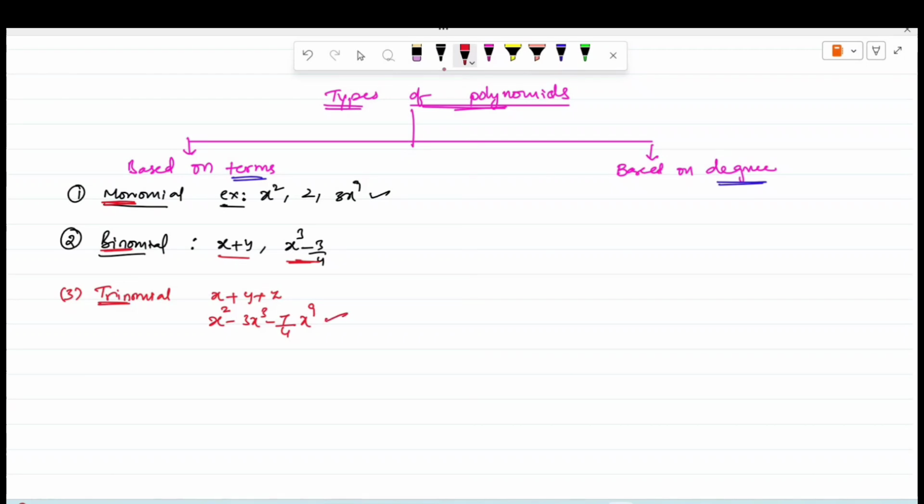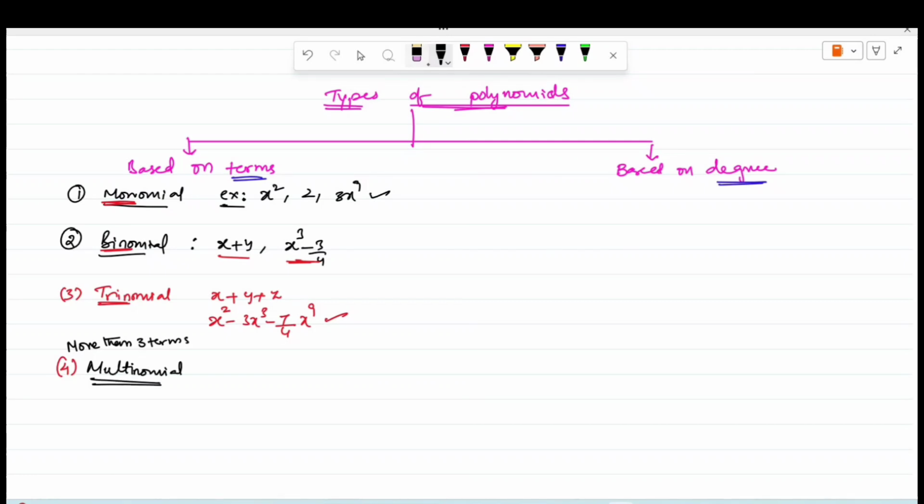What is it called if more than three terms are there? Is there any particular name? Yes, we have. If it is more than three, not exactly four, not exactly five, remember more than three terms, it is called multinomial.